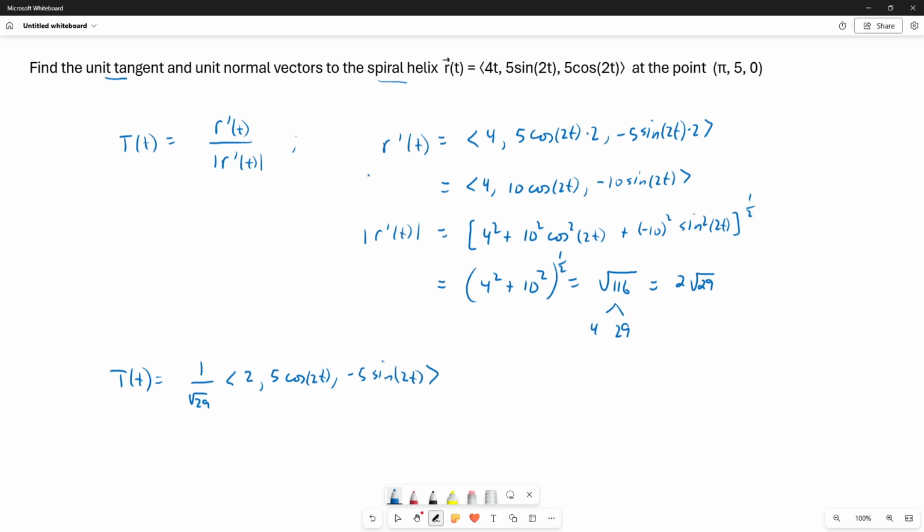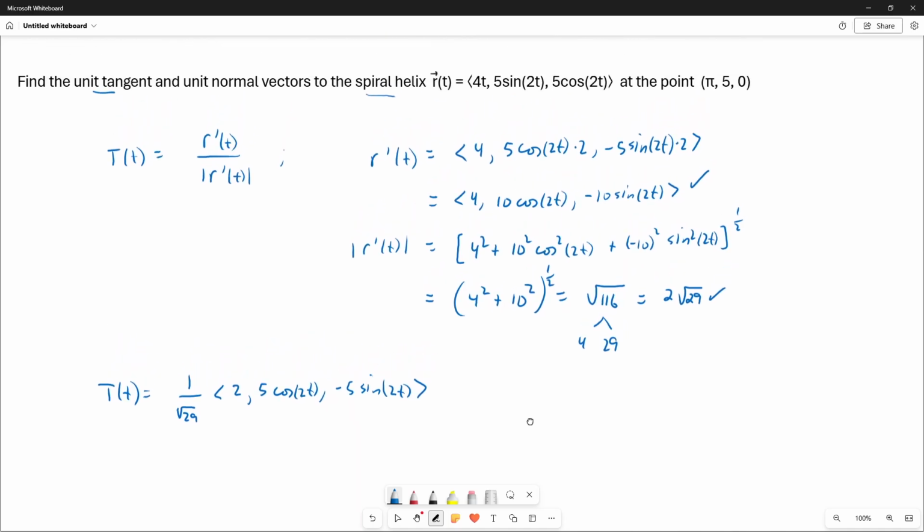So again, T of t is this vector divided by this number. We factor out a 2, the 2 will cancel, and we just get the square root of 29 on the bottom, and we get 2, 5, negative 5. Okay, so there's our unit tangent vector.